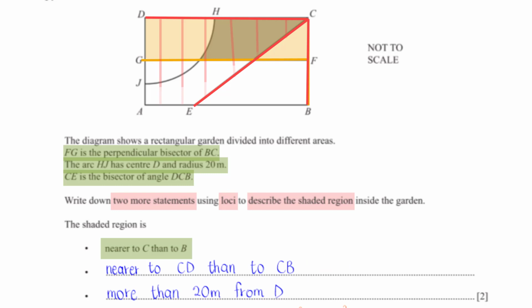We've also been told that the arc HJ has a radius of 20 meters, and from the location of the shaded region, we can see that the shaded region is more than 20 meters from D.